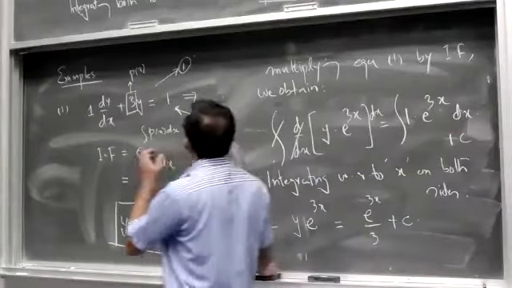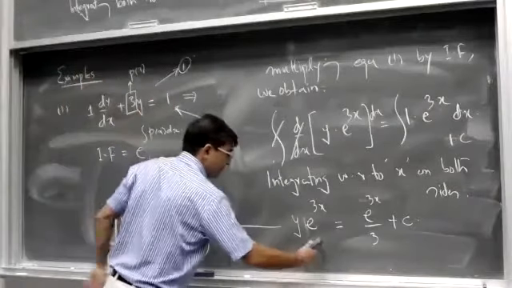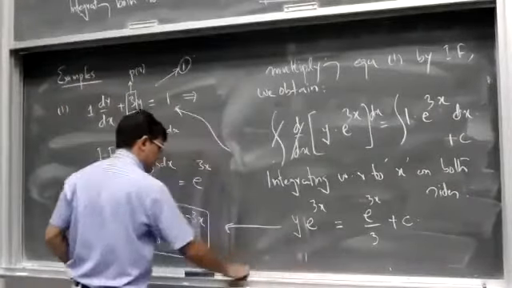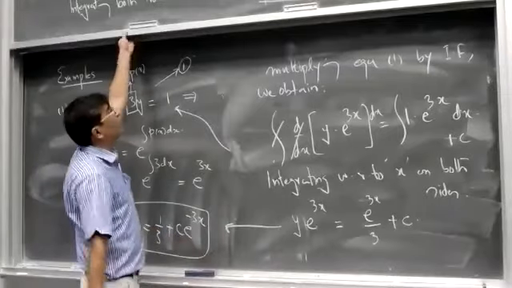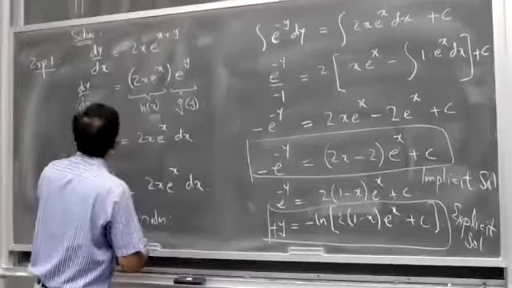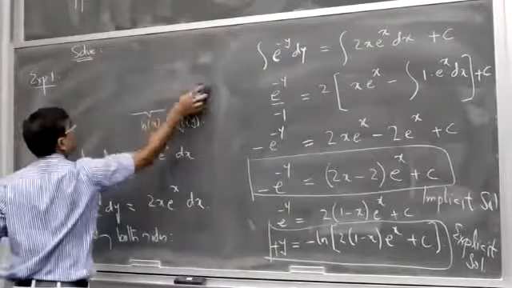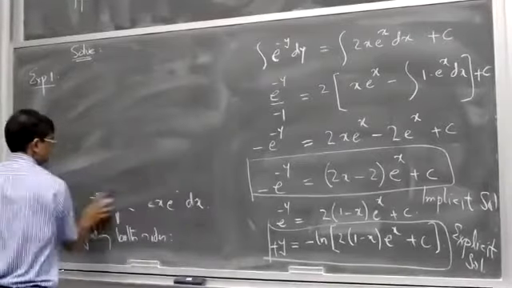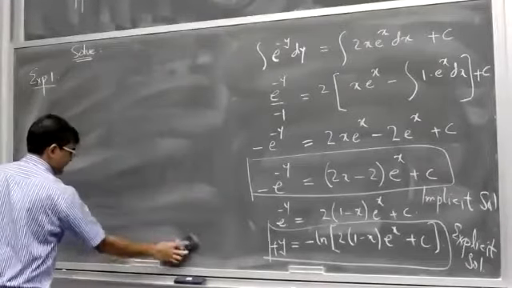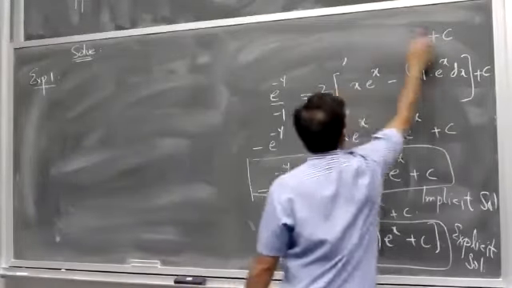Let's do this one. If you have any question in this example, you can ask me. If you don't have any question, then let me write another example for you. This will be relatively difficult.